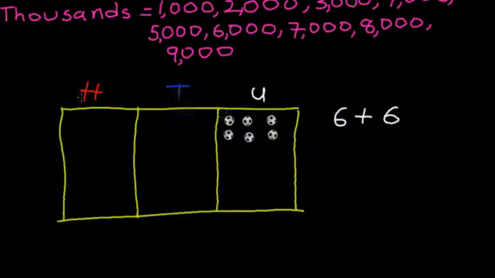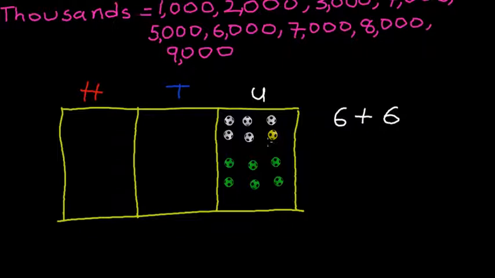Okay, the second 6 balls: 1, 2, 3, 4, 5, 6. Remember I told you that the unit column does not contain more than 9 balls. So what happens? You count out. We have 1, 2, 3, 4, 5, 6, 7, 8, 9, 10, 11, 12. We have 12 balls.